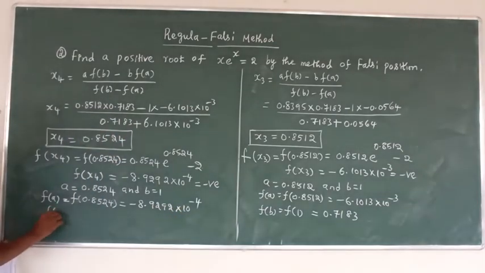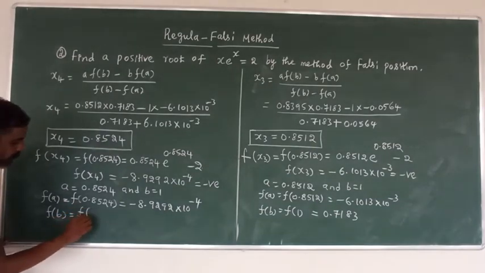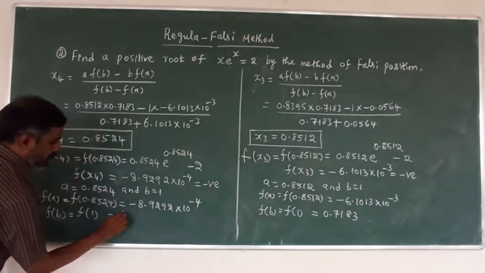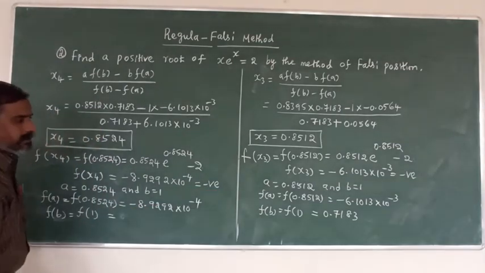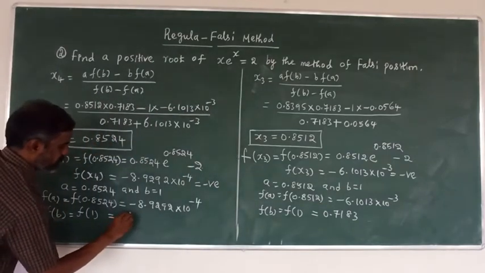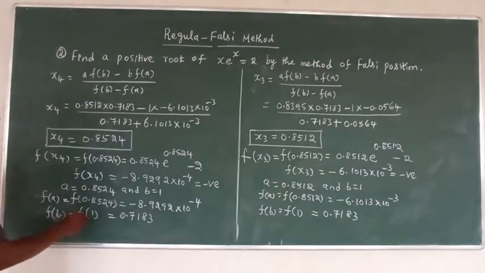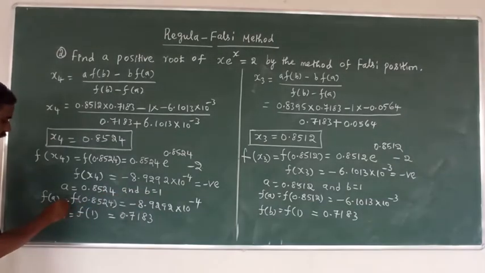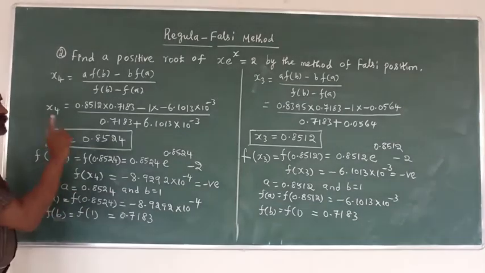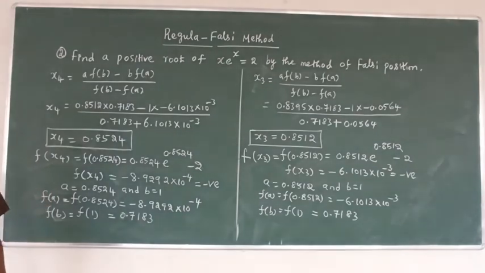Next, f of b equal to f of 1. We already got the result 0.7183. Next, a value, b value and f of a and f of b to substitute in x5 iteration.